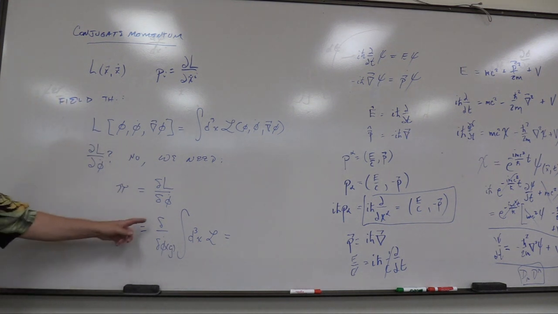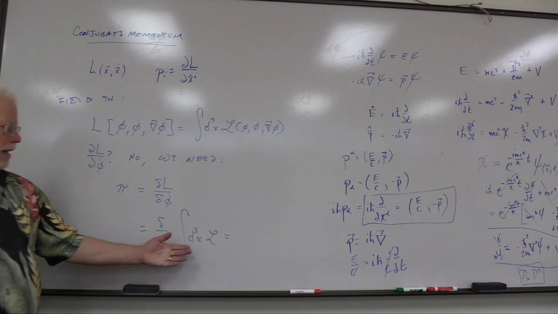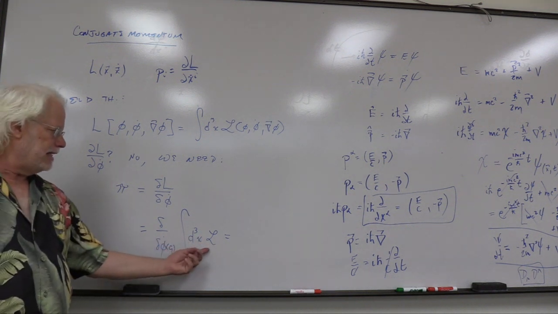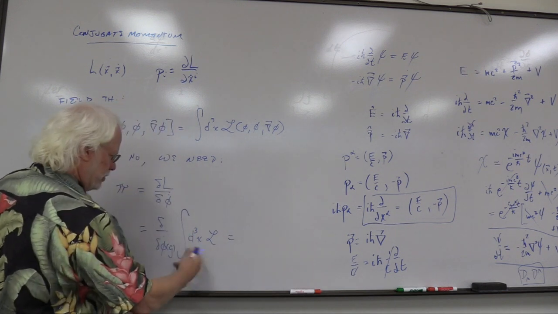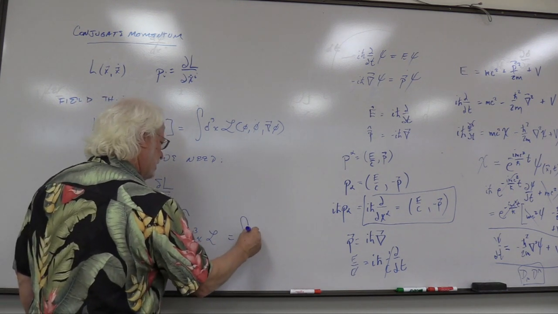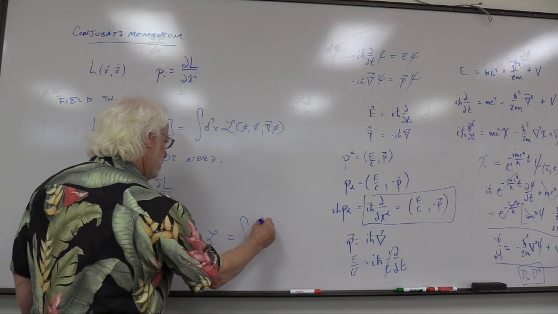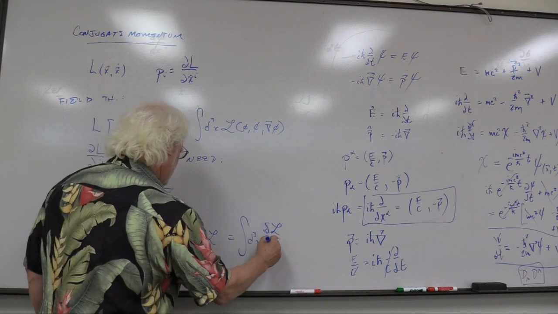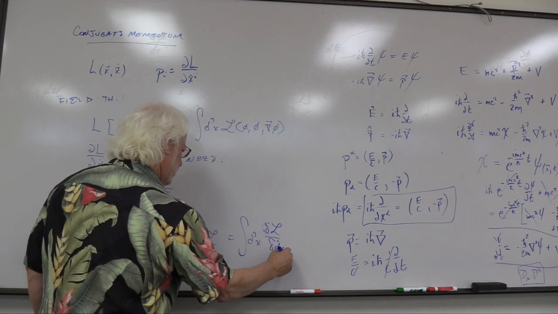So the functional derivative with respect to phi dot at y of the Lagrangian density integrated over x. And now I can interchange the order here and write d3x of the functional derivative of the Lagrange density with respect to phi dot of y.